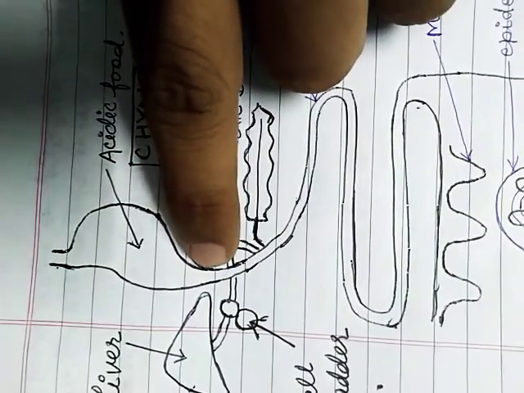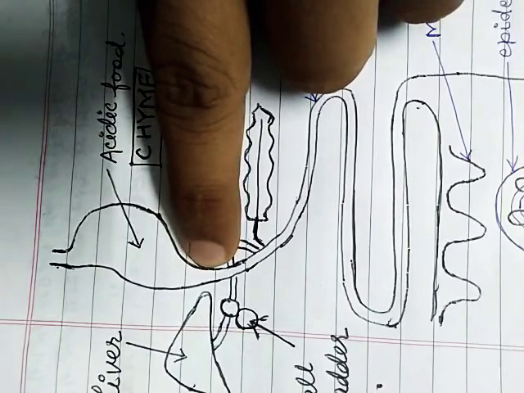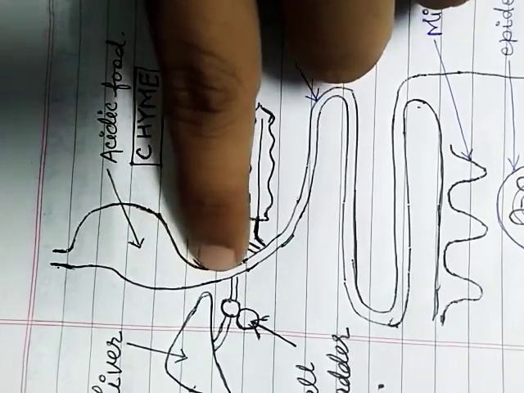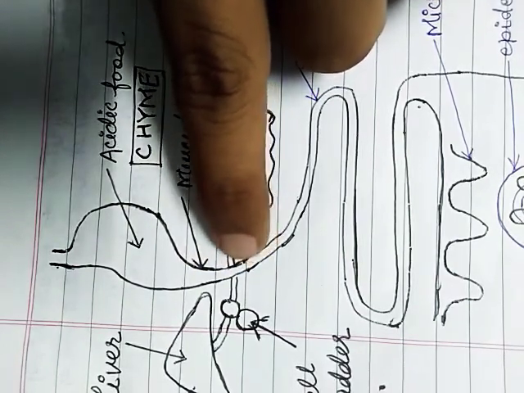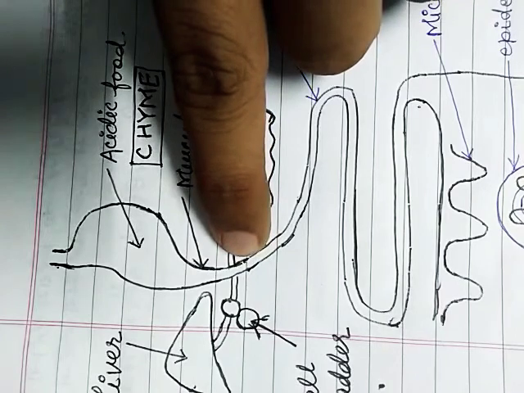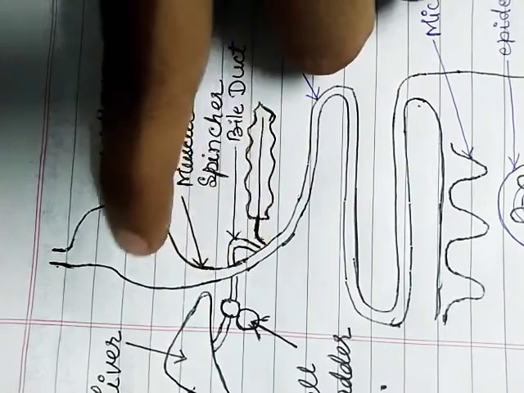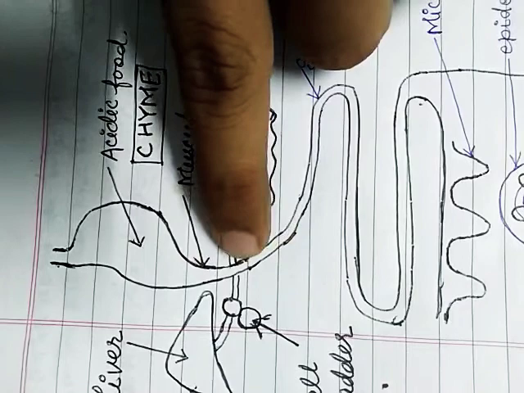This muscular sphincter opens when the food is in semi-digested form. This acidic food enters the small intestine, and obviously, as there is no mucus present in the inner wall of the small intestine, this acidic food may harm the inner walls of the small intestine.